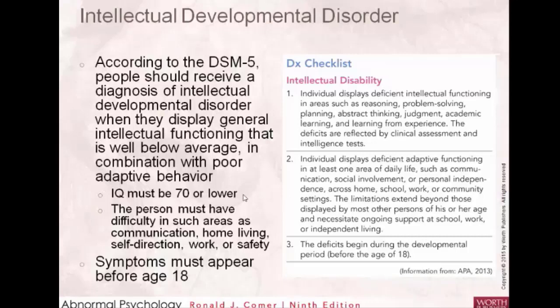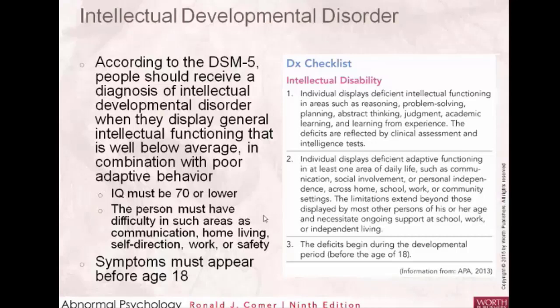And in addition to that, the person also has to have some difficulty with adaptive functioning. Basically what I mean by that is a person who's having difficulty functioning in everyday environments. So it could be that a person is, because of intellectual issues, having trouble at school, having trouble with self-care, having trouble at work, having trouble with relationships. So we would look for a combination of those two things.